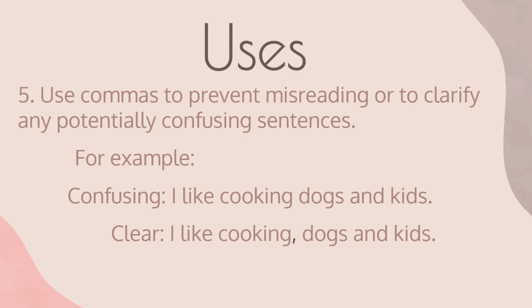But if I place a comma in this sentence, then that can clarify that misunderstanding. See the next line? I like cooking, comma, dogs and kids. Now you can clearly see that I meant that I like three different things: cooking, dogs, and kids. Not that I like cooking dogs and kids. So, this example shows you that commas are very, very important if you want to avoid misunderstanding or any confusion.